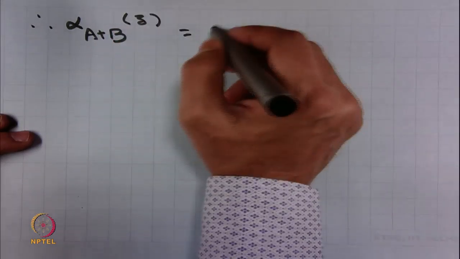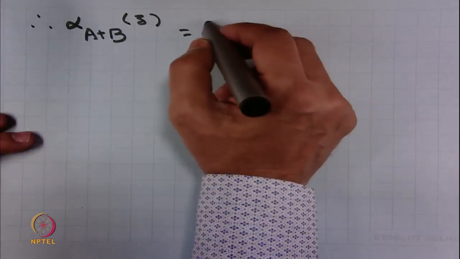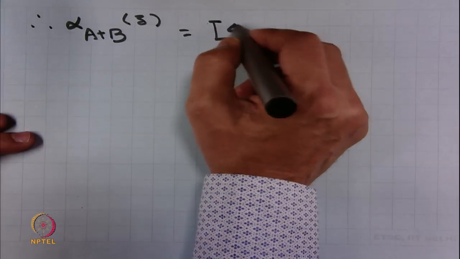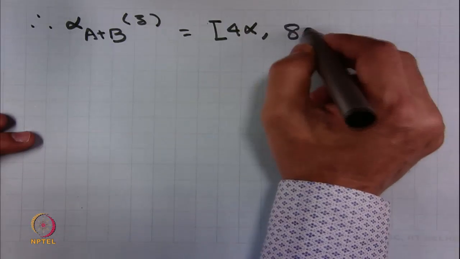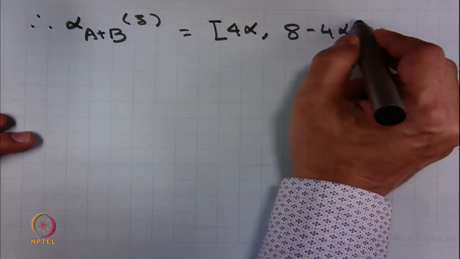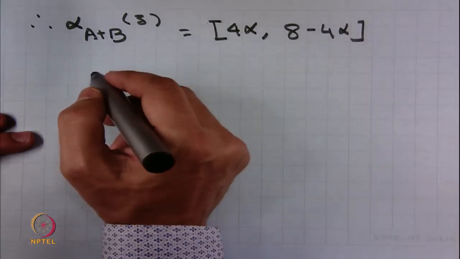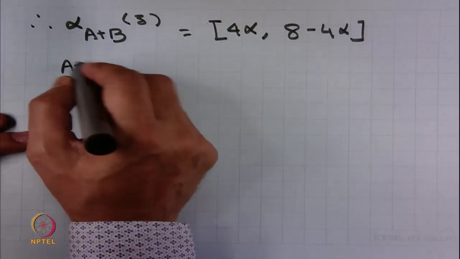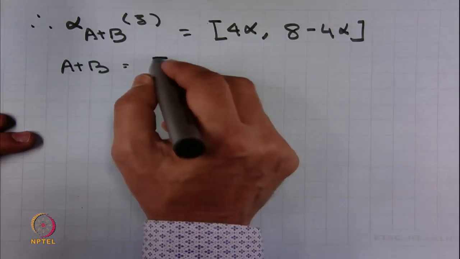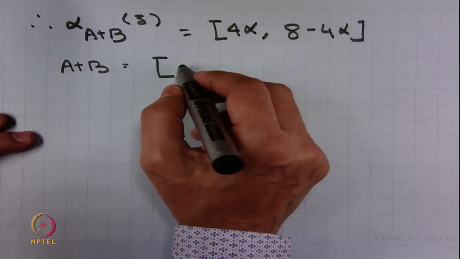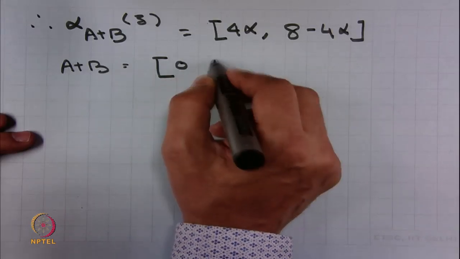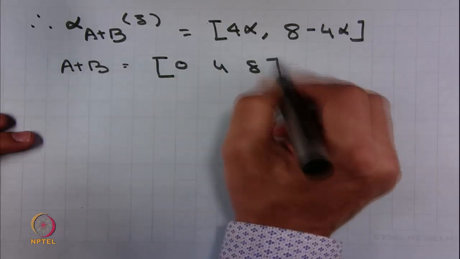Therefore, by interval operation, alpha cut of A plus B is equal to, by adding them, 4 alpha comma 8 minus 4 alpha. And we have already seen that A plus B is also going to be a triangular fuzzy number, and that is going to be 0, 4 and 8.